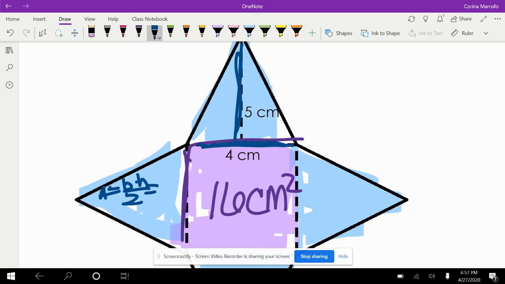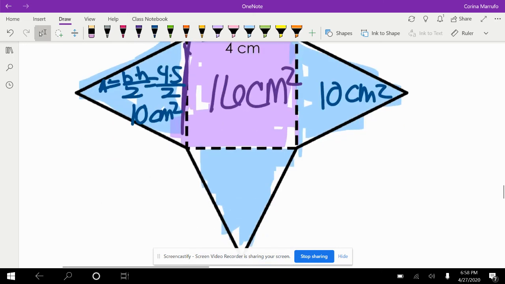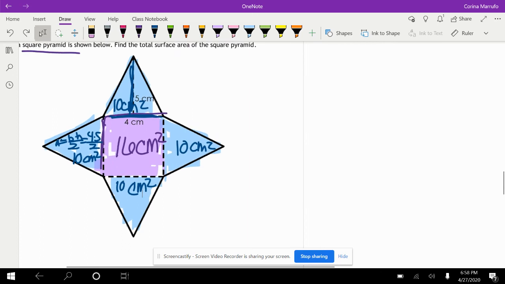So we're going to do 4 times 5 divided by 2, which gives us 10 centimeters squared. And that's going to be for all of the triangles, all 4 of them that we have. I'll write it down here. 10 centimeters squared.